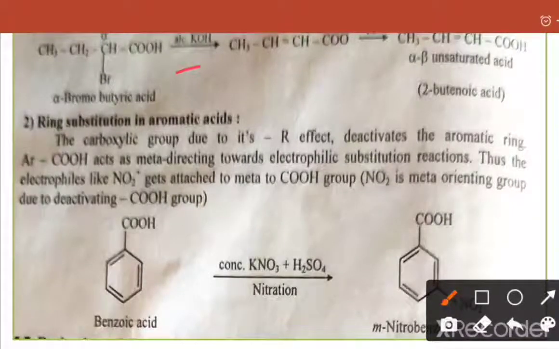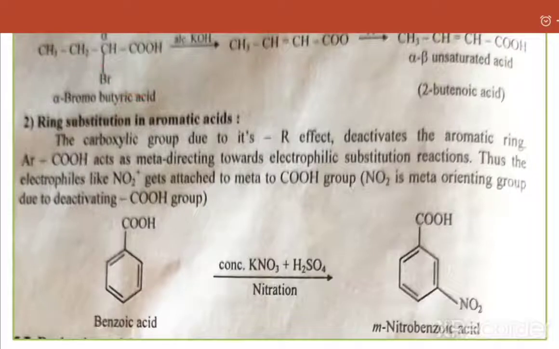In presence of alcoholic KOH, here adjacent to this C double bond OH group, here alpha bromo butyric acid, and in presence of alcoholic KOH, the OH will abstract this one proton, and here this bond shifts and departure of this bromine. Okay, I have shown here clear.